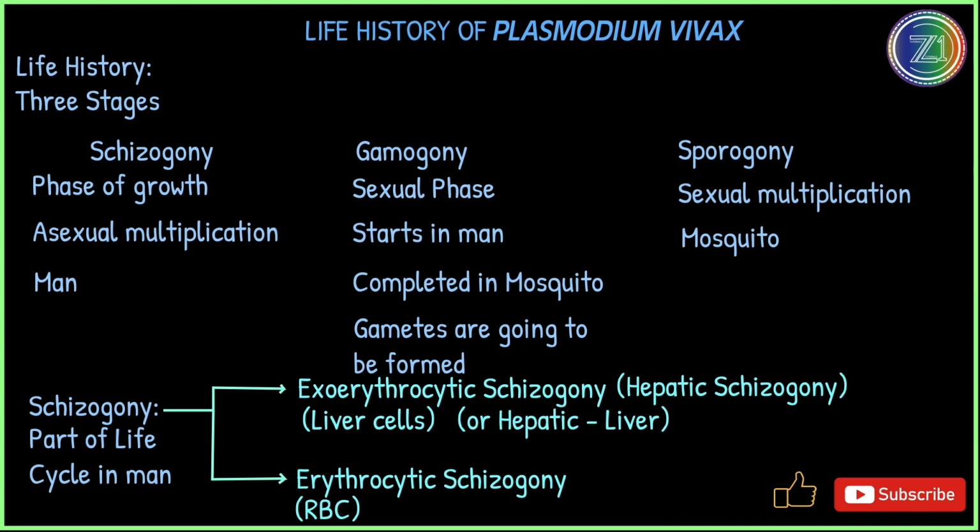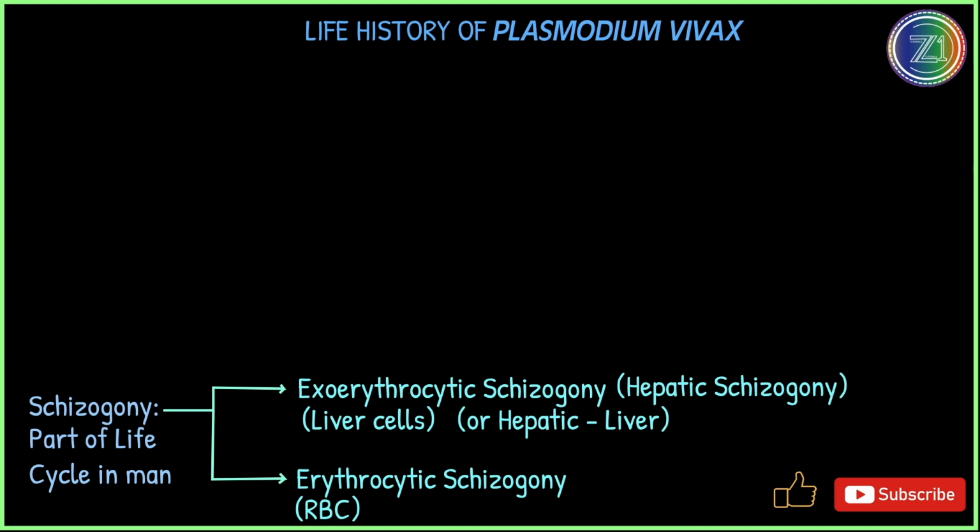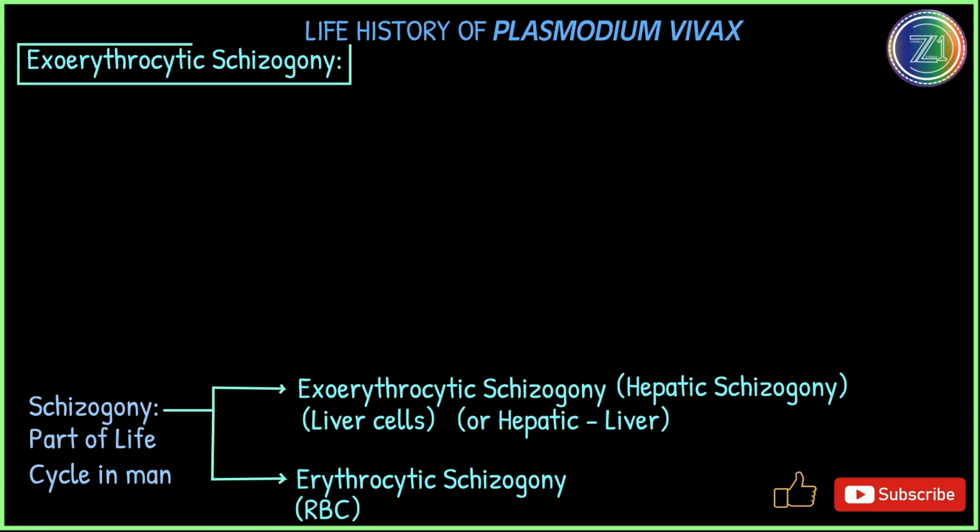So I'm discussing first the exerythrocytic, or hepatic, schizogony, which is found in the liver.